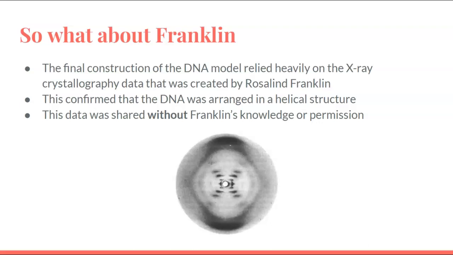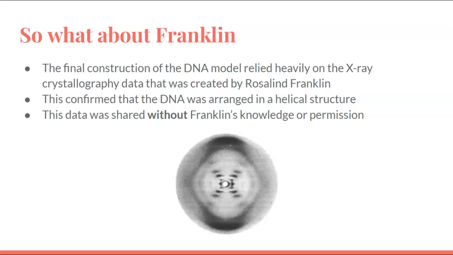So Rosalind Franklin was the first to actually take this image that you see right here and determine that it was a double helix. So she was the one that confirmed that DNA was arranged in a helical structure, and the issue is that this data that she found was shared to Watson and Crick without her knowledge or permission, and Watson and Crick took it and published it.